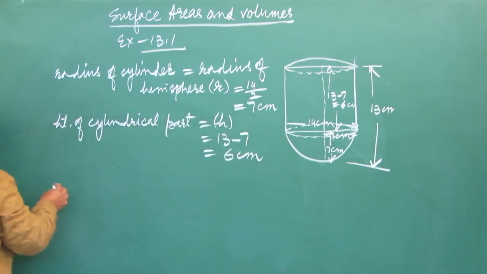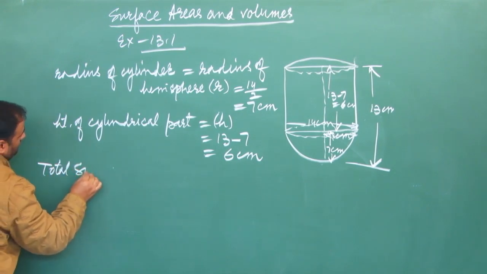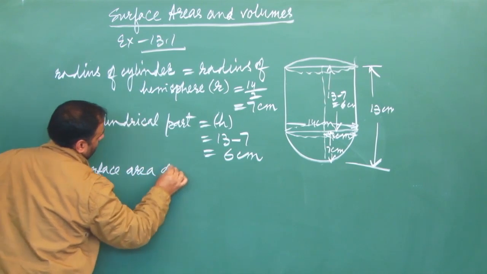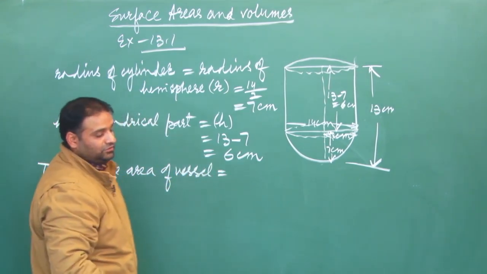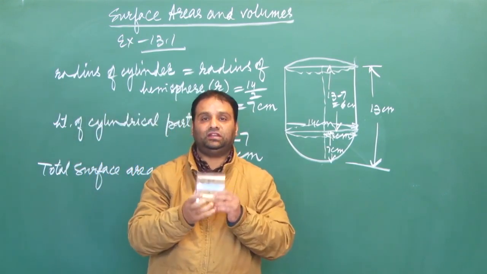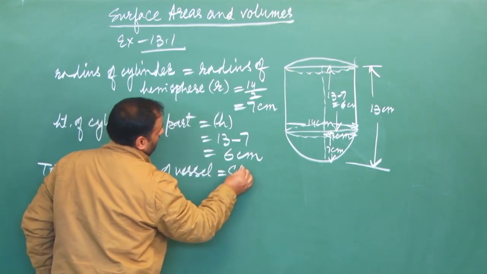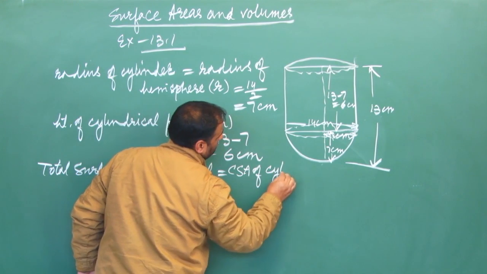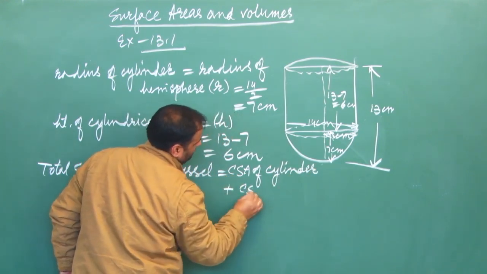So, to find the total surface area of the vessel, we need to find the curved surface area of the cylindrical part, CSA, plus the curved surface area of the hemisphere.